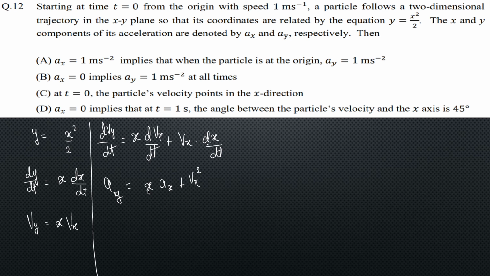So we have at t equals to 0 from the origin with the speed vy. At t equals to 0 we have given that the particle's velocity is 0, which means vx is 0 at t equals to 0. So now let me draw the diagram first. This is a parabola.